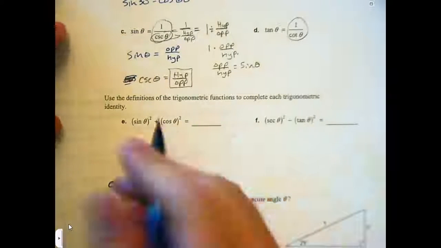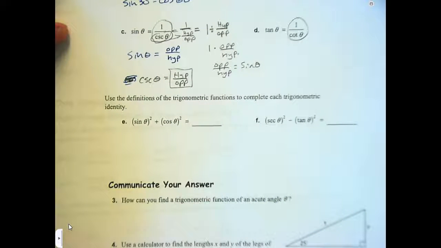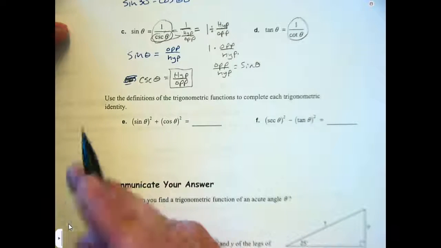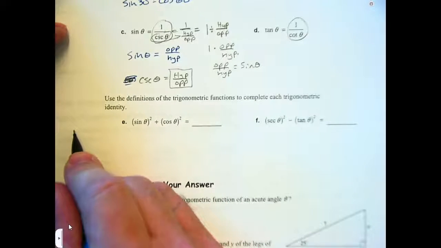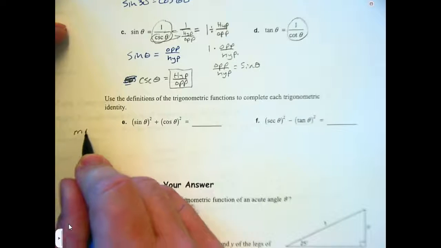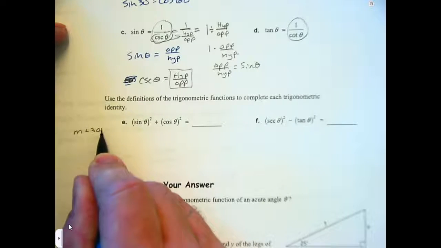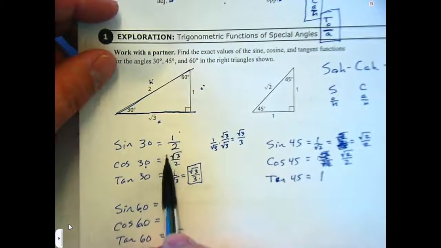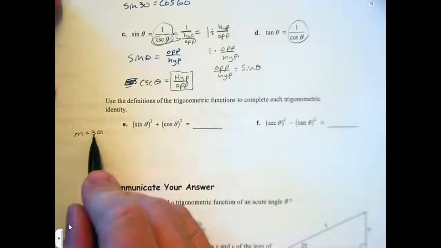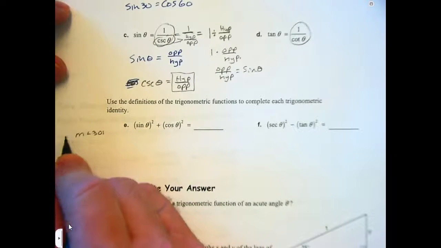How about using numbers? Could we do this? Can we pick values for theta? We have some values on the previous page, right? Like 30 is 1/2. So let's say theta is 30.